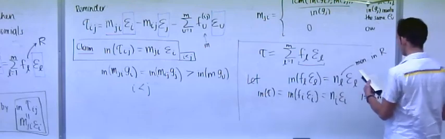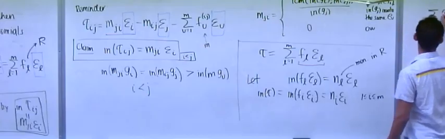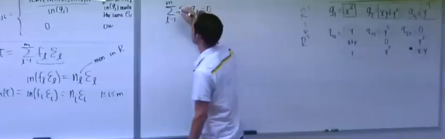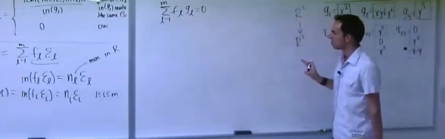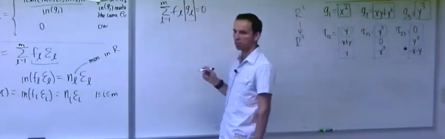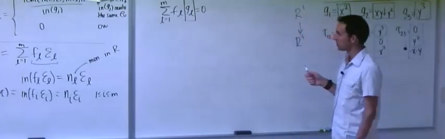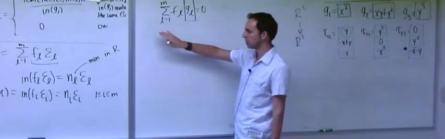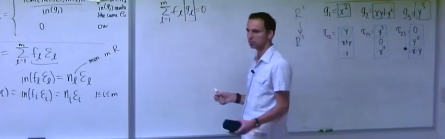So now I'm going to say this. I take this syzygy that looks like this. So this is some equation, something equal to 0. And I'm going to look at the initial term that appears here.